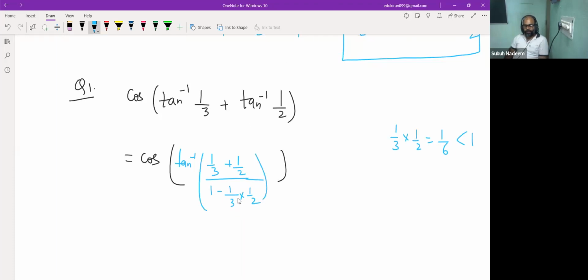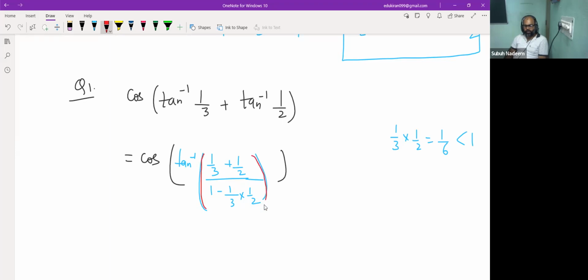So now calculate it. What will this value be finally?